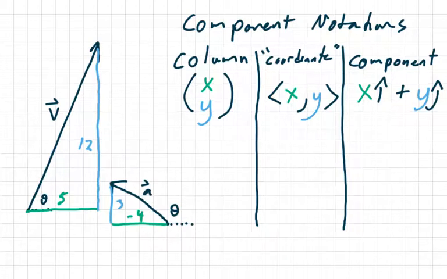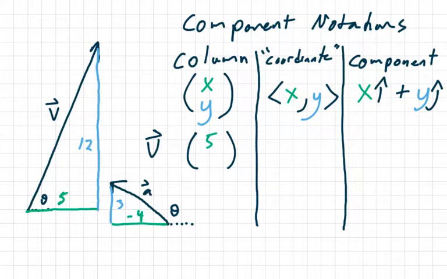So now I'm going to show you what vector v would look like in component form, in these various component notations. So in column form, vector v would be 5 over 12.